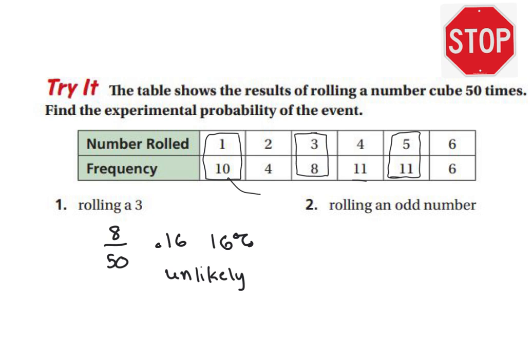So we'd add up 10 plus 8 is 18. 18 plus 11 more, that would be 29. And there's still 50 possible outcomes. So 29 divided by 50 gives you a probability of 0.58, 58%, and we would actually now say that one is likely.